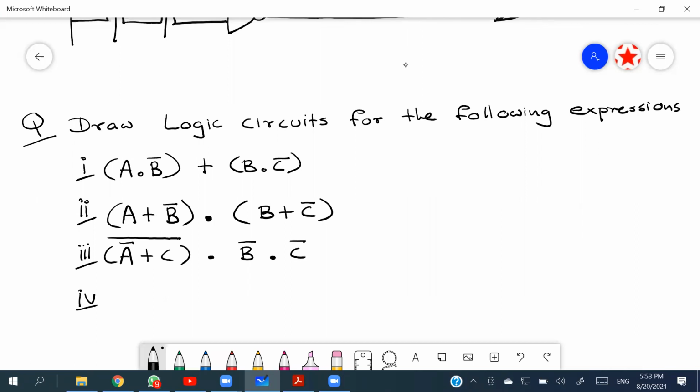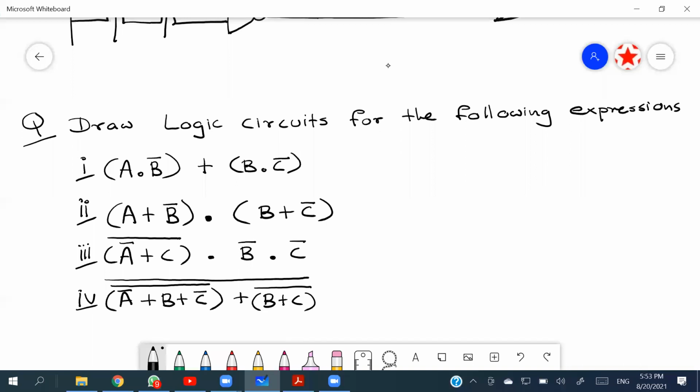And expression number 4. You have to give some thinking for the last circuit that you are going to draw. It's a little bit challenging, not a very big challenge.